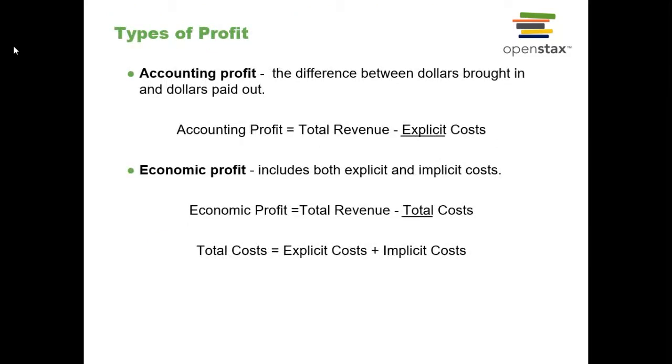Accounting profit, which is what you are most familiar with, is just your total revenue minus your explicit costs. But your economic profit, which is what we are concerned about, is your total revenue minus all costs, explicit plus implicit.